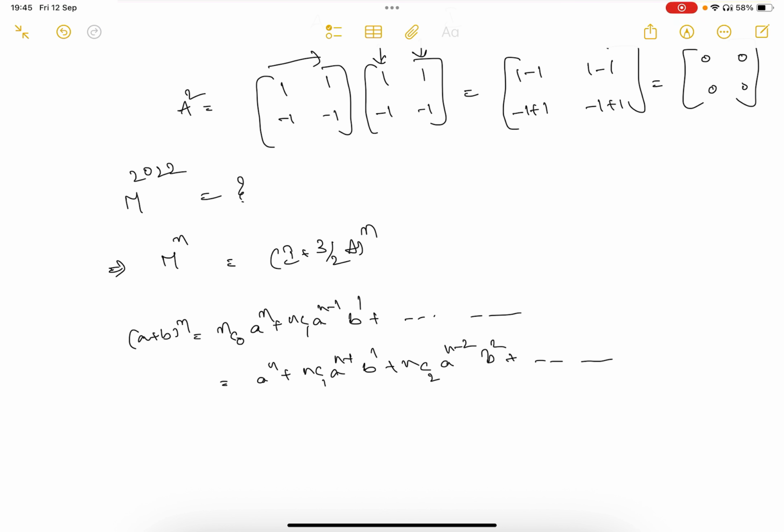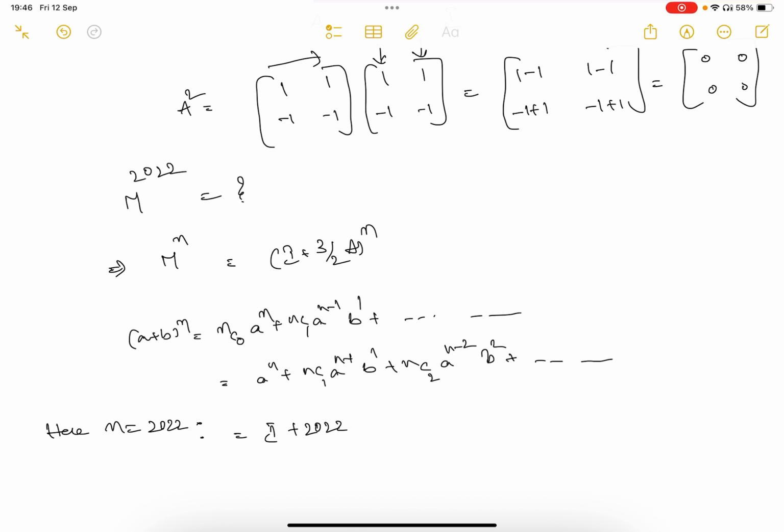Now, as you can see here, a is I, and power n, whatever it will be. Here n is 2022, right? That is 1 plus nC1, which is n, here 2022. A power n minus 1, here a is identity, then it will be 1.